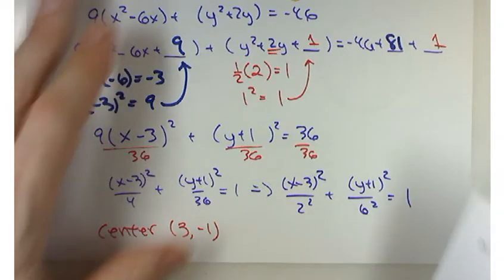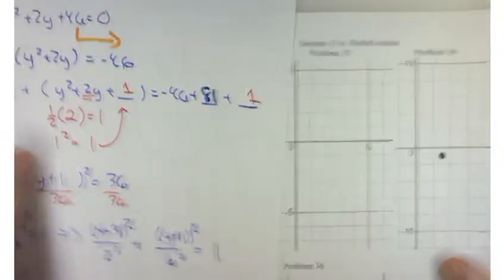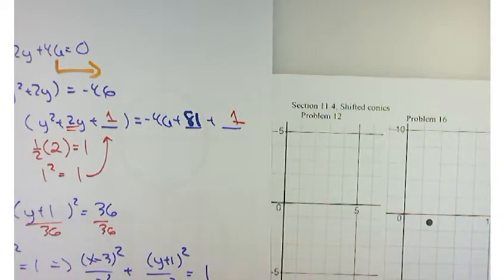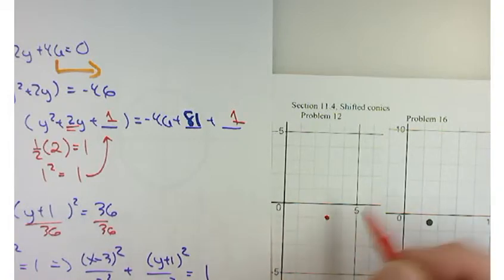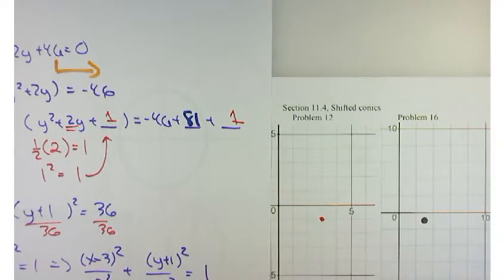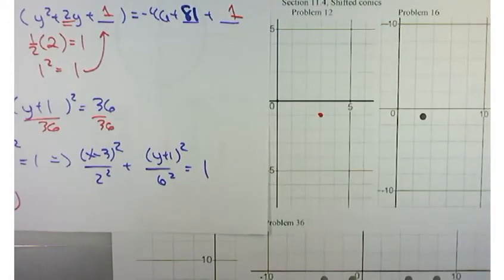Let's start graphing this. So, got room for it here. So center is at 3 and negative 1. That would fit right there. How far do I have to move to find the vertices in the x direction? 2. Good.